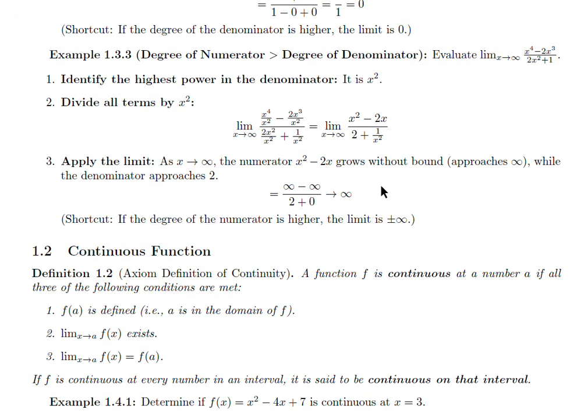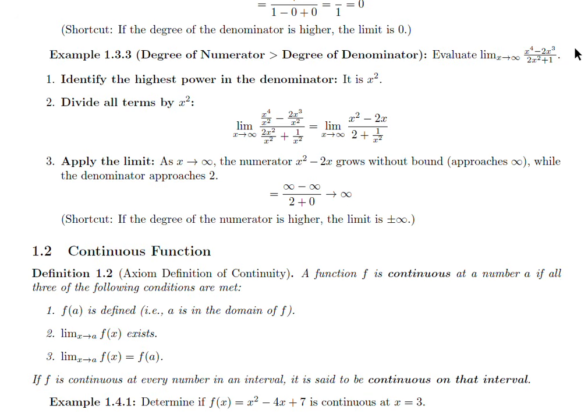Infinity times anything is infinity, infinity plus anything is infinity, infinity minus anything is infinity, infinity divided by anything is infinity. What we don't want as results for limits to infinity is infinity over infinity. That's undefined, but infinity divided by a number is still infinity.